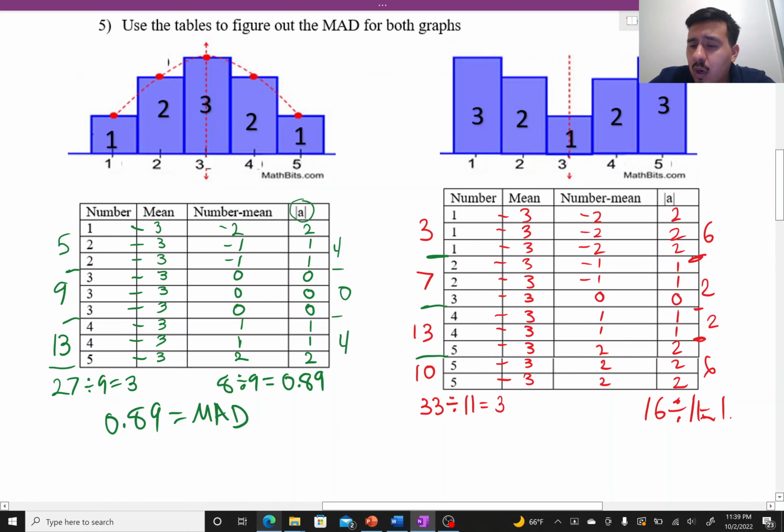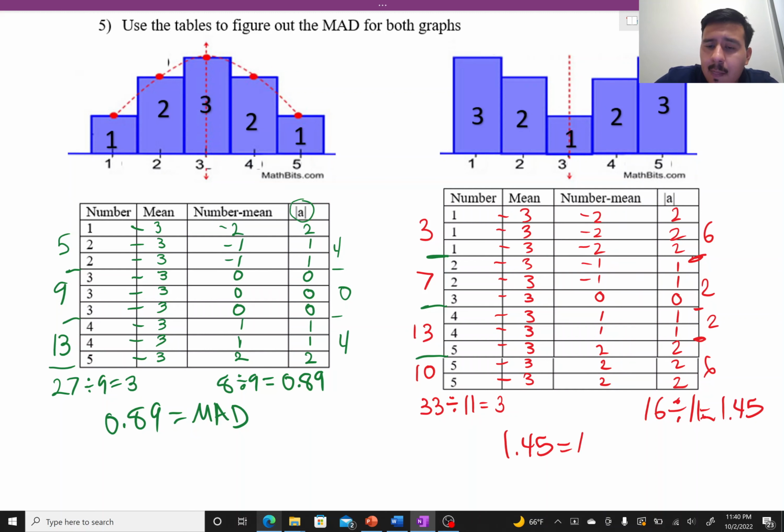Is equal to 1.45. Okay. So now we found the MAD for both. The MAD for the U shape was 1.45 for the MAD.